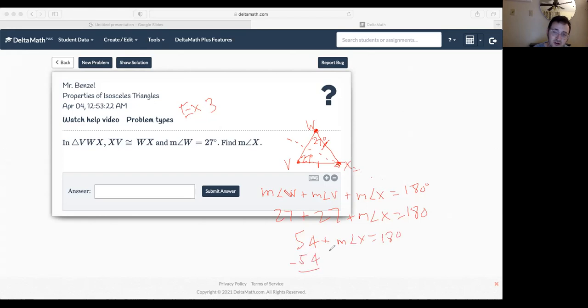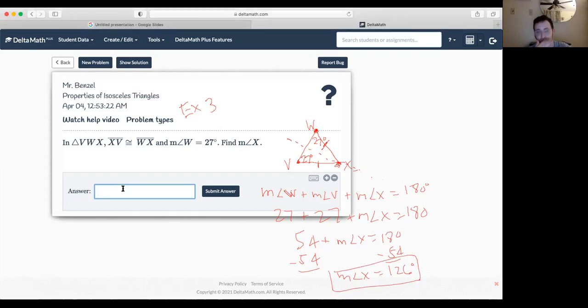Subtract 54 on both sides, so I got the measure of angle X is equal to 126. Note that I did not draw it to scale, but you don't need to, because they give you the information about what is congruent, and then you can use the 180-degree property and the symmetry idea to solve the problem very well.